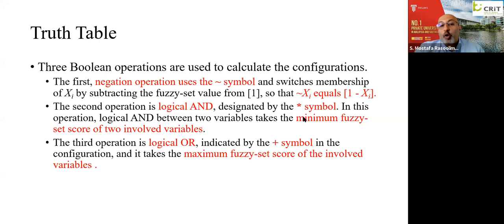For AND, when we combine 2 different situations with the AND symbol, we select the lowest or minimum fuzzy value. Remember, don't forget, all fuzzy values, our membership, are between 0 and 1.